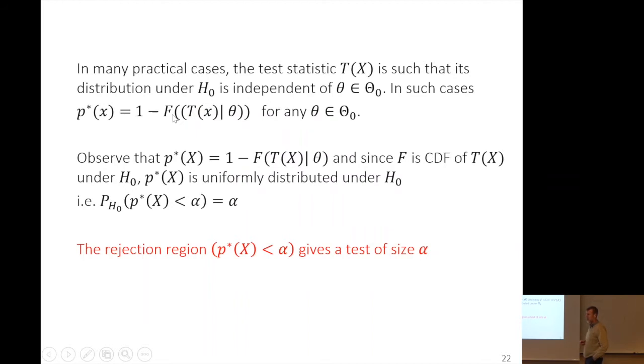Now there's one trick we have used already. If I give you a random variable Y with CDF F, what is the distribution of F of Y? It's uniform between 0 and 1.